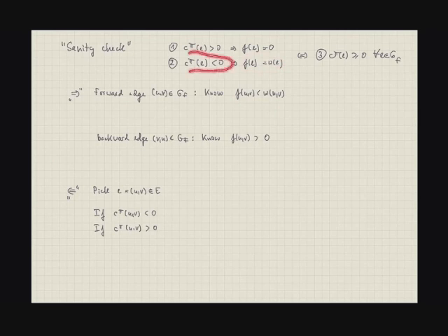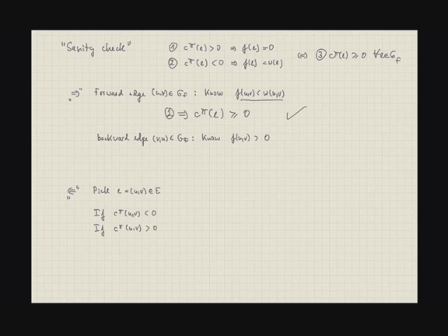So it cannot be the case that the corresponding reduced cost is smaller than 0, because then the flow value should be equal to the upper capacity limit, and it's not. So therefore, the reduced cost must be non-negative. So we just know from 2, because the flow value is not at the upper capacity limit, that the reduced cost along that edge must be non-negative, and we are done.